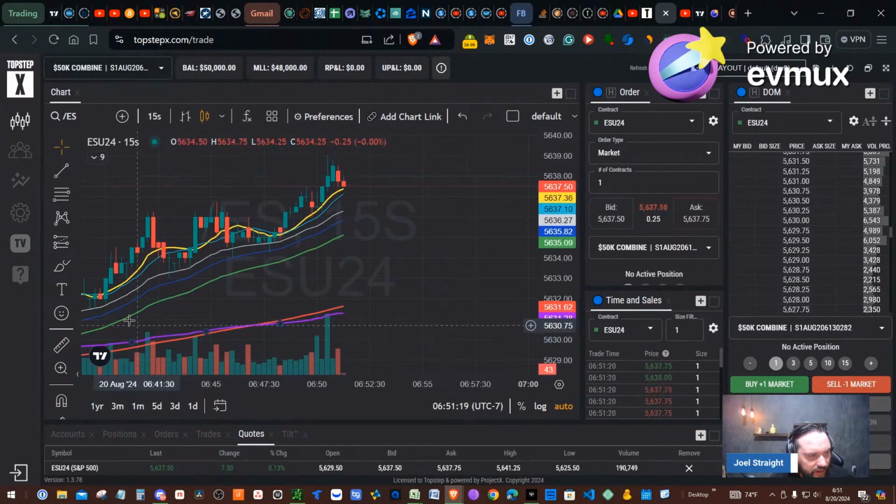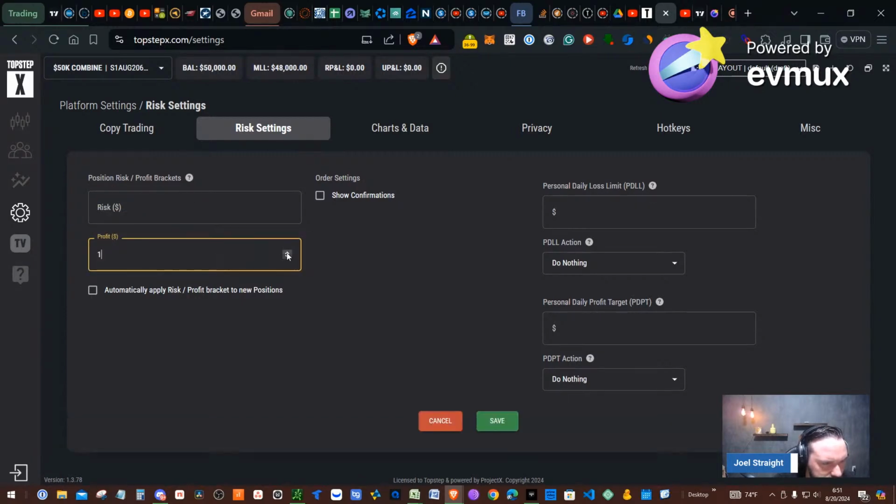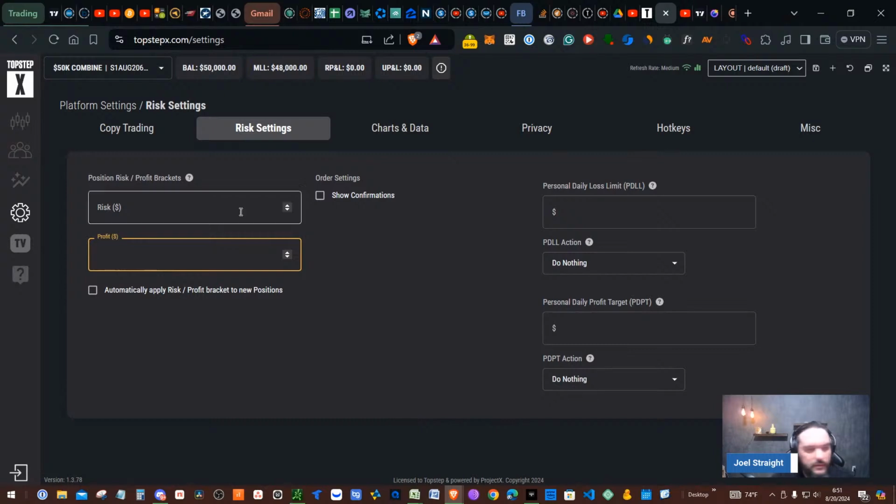And then I believe we've got brackets in here called risks and profit. So how can I get a list where I can save multiples? You know?